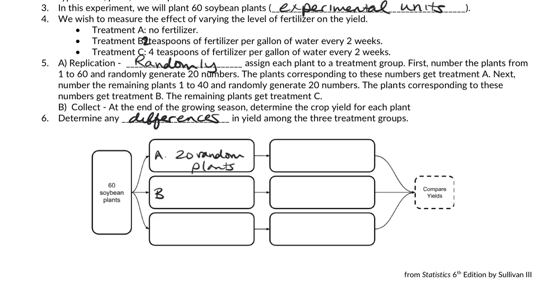We'll have treatment group B, which is again another 20 random plants, making sure we have that word random there to help us remember that we have to do a random sample in one of the methods we learned last class. And then treatment C, we have our 20 remaining plants.